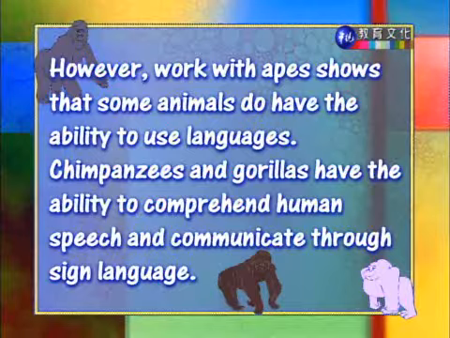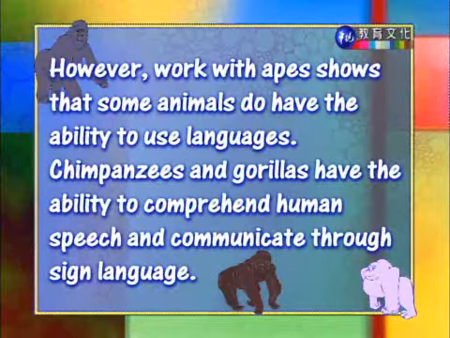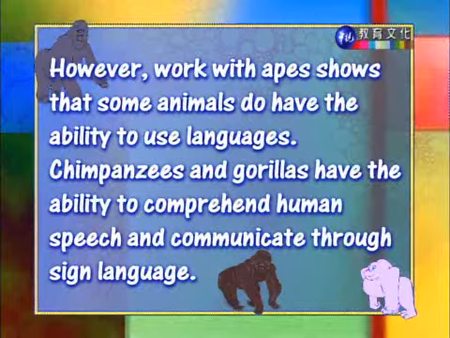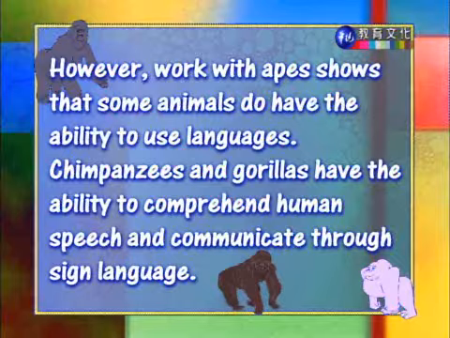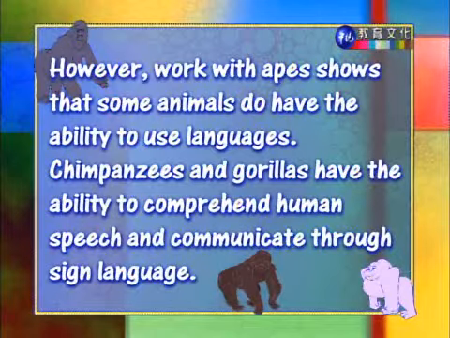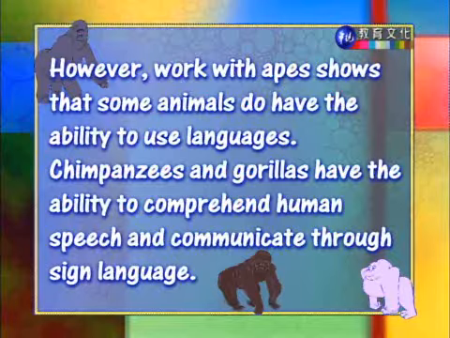Chimpanzees and gorillas have the ability to comprehend human speech and communicate through sign languages. 好，我们会发现呢，这个人猿呢，他们也会表现出来，他们具有能够使用语言的能力，像是猿类这个猴子或者是猩猩他们都有能力去理解人类的语言，以及他们可以利用这个手语的方式来进行沟通。And so we can see that these sentences also accomplish our second and third goals for an introductory paragraph.